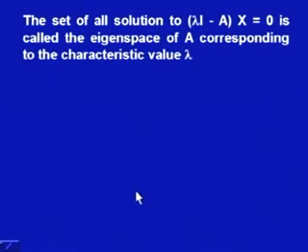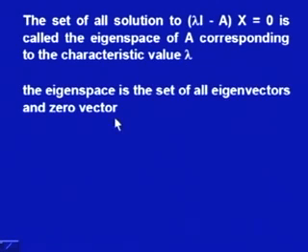The set of all solutions to this equation is called the eigenspace of A corresponding to the characteristic value lambda. As I told you, this will have a number of solutions, so all the solutions will form an eigenspace corresponding to a value lambda. The eigenspace is the set of all eigenvectors and the 0 vector.